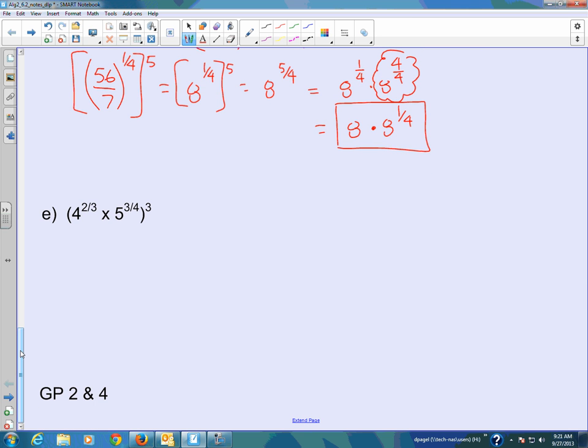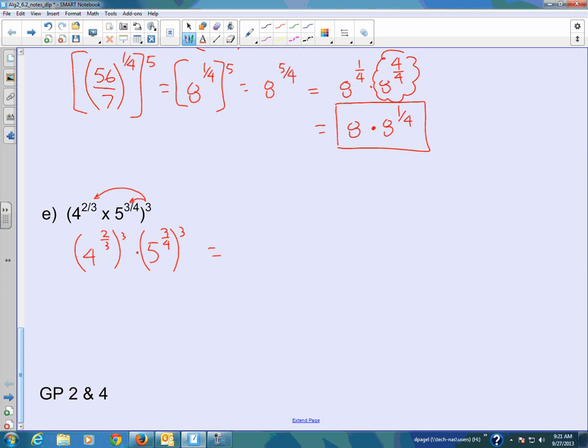Right, again, we have a situation where I have unlike bases and unlike powers here. So the only thing we can do for E is raise everything to the 3rd power. So 4 to the 2/3 cubed, and then I've got 5 to the 3/4 cubed.